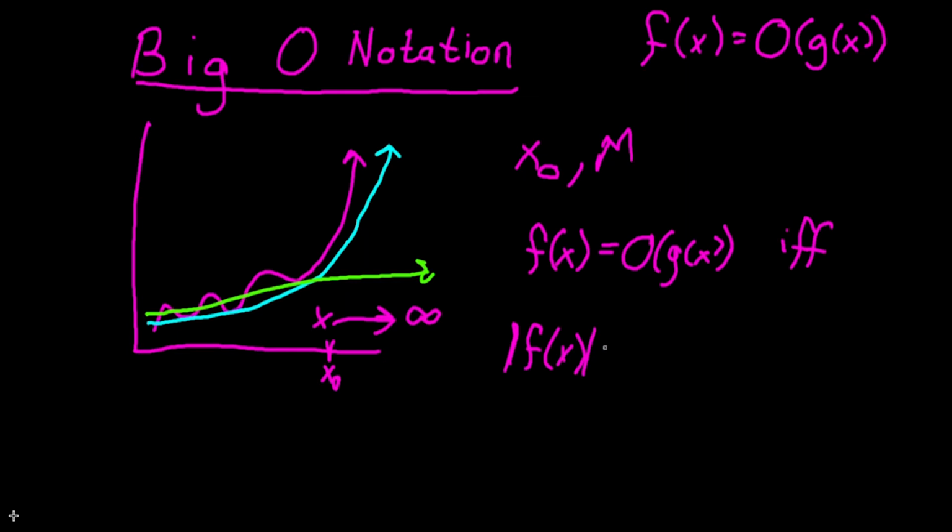And let's say that if f of x is always less than or equal to m times g of x for all x greater than or equal to x0, well, then that means that f of x is big O of g of x. So it's just saying that once we hit past this point, every single value of g of x times m is always going to be bigger than f of x.